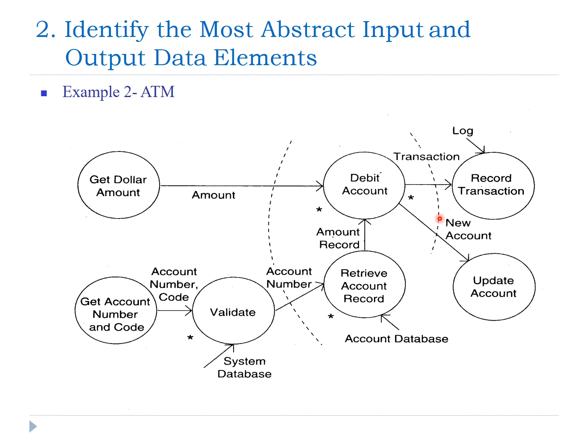We can see 2 processes, record transaction and update account. These 2 processes will be considered as output. However, in between these 2 dotted lines, MAI and MAO, we have 2 inner processes, or transformation: debit account and retrieve account record.